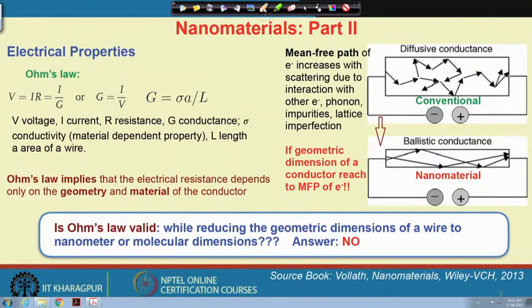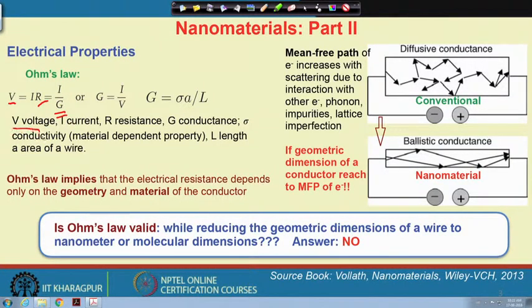According to Ohm's law, the voltage is proportional to the current, right, and there is a constant that is called the resistance R, which equals V by I, and G is the conductance.